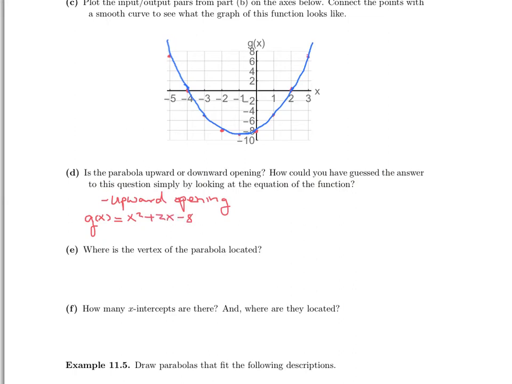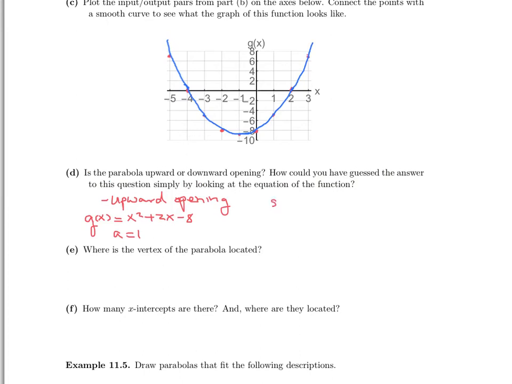What was the a value for this? Well, you can see the number in front of x squared must be 1. A is 1 for this function. And we made a conjecture shortly ago that if a is positive, the parabola opens upward. So that agrees with what we're observing here.